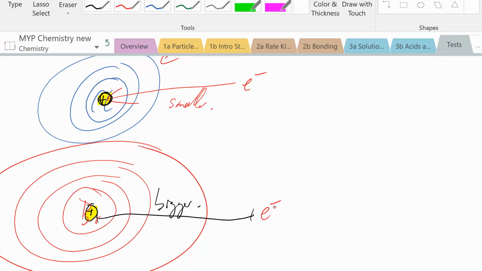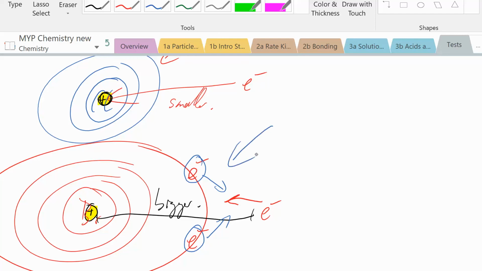Electrons have a negative charge, and there are also electrons in this outer shell. So if this electron's trying to move in, it's actually going to be repelled or pushed away slightly by these 2 electrons, or any electrons in the outer shell. Because electrons all have a negative charge, so 2 negatives are going to repel.